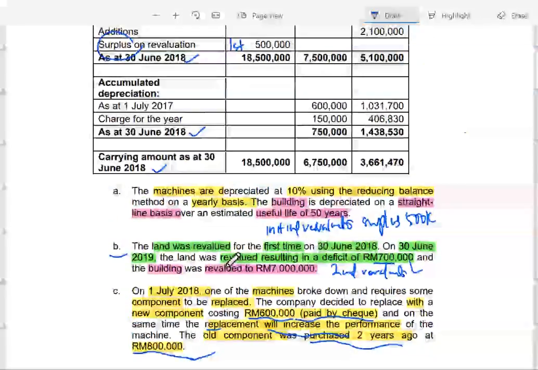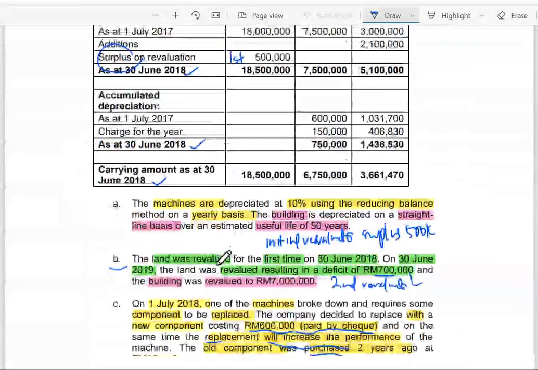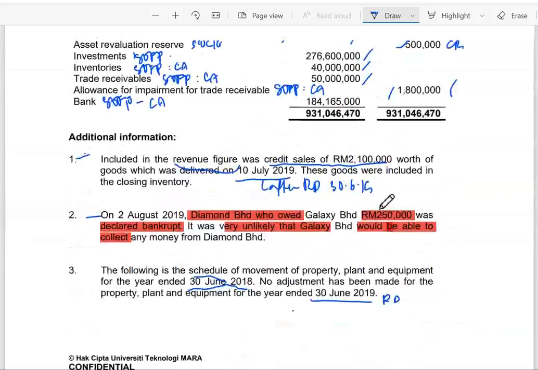Let me just show you the figure here, which is 28,911,470, beginning of 1st July, and this is the one here actually, beginning of 1st July 2018, where you will total up and you will see that the carrying amount would be the total that you have there, 1st of July 2018.